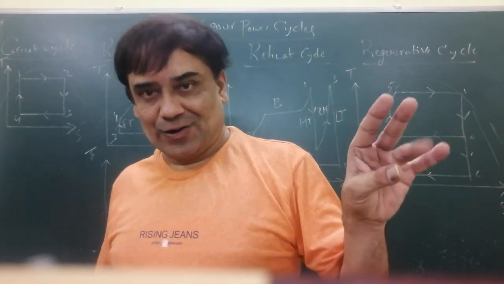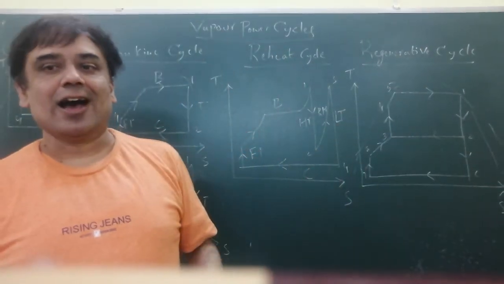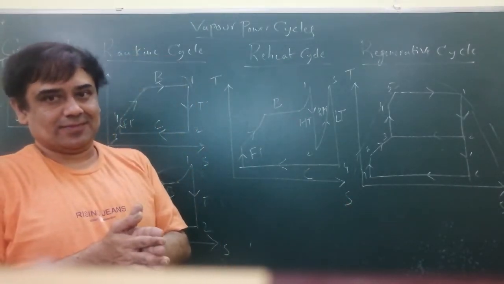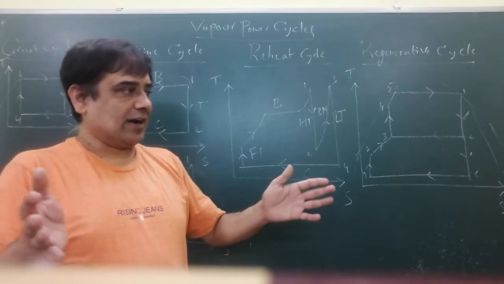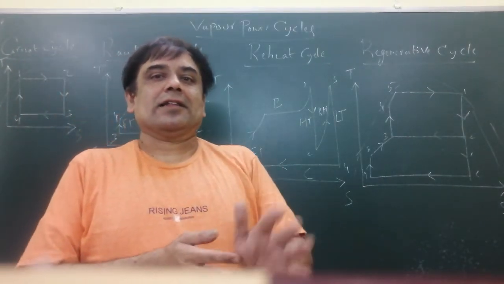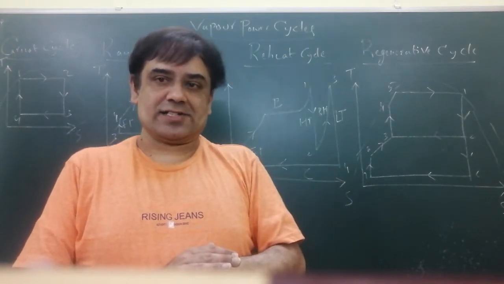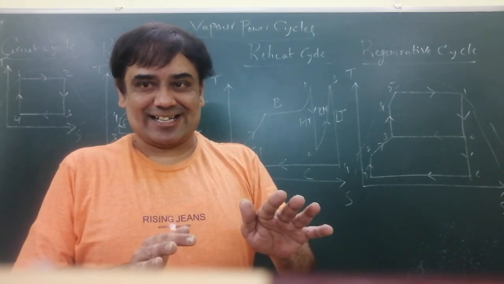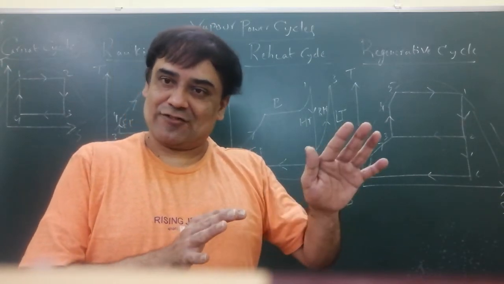Carnot, Otto, Diesel, Dual and finally Stirling cycle. Usually what analogy I can give, in Mahabharata there were Pancha Pandavas, 5 Pandavas. Here also air standard cycles has 5 children.